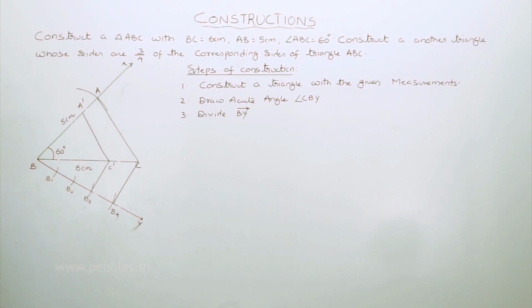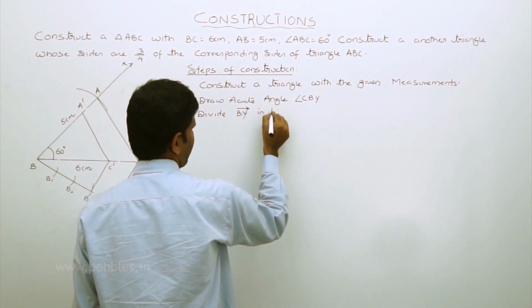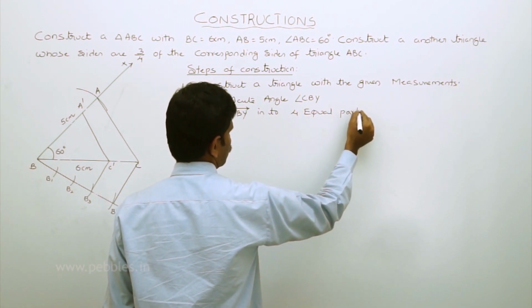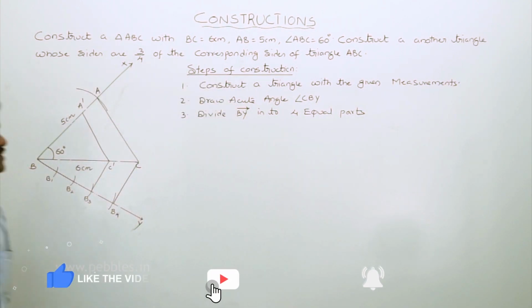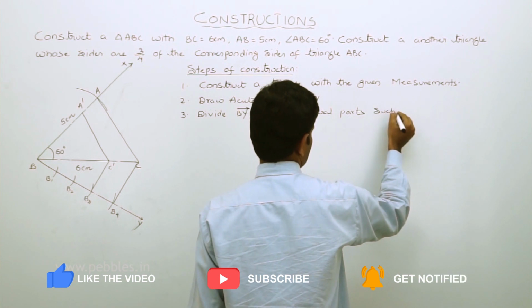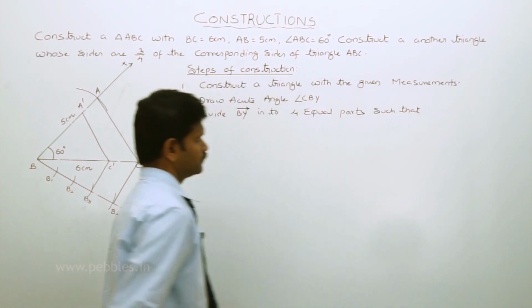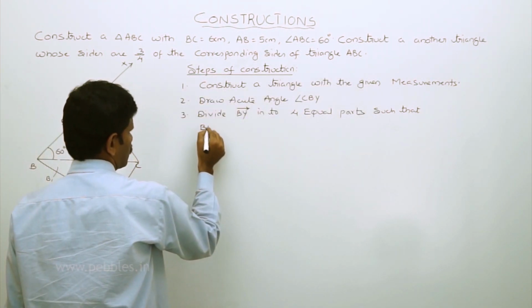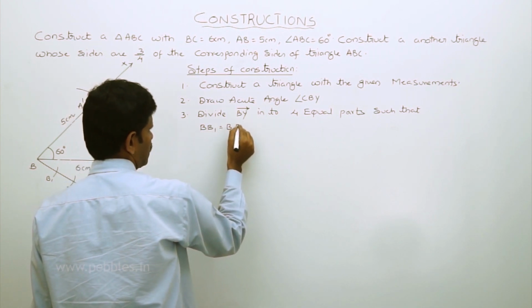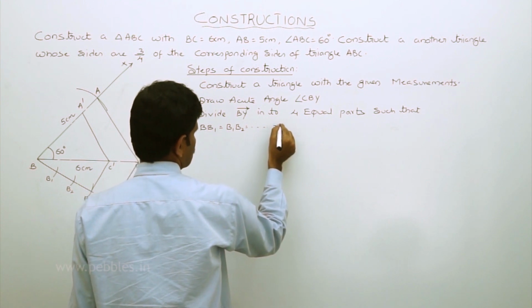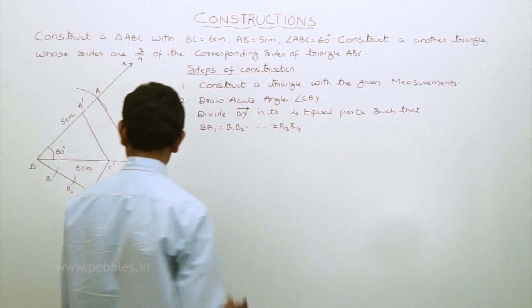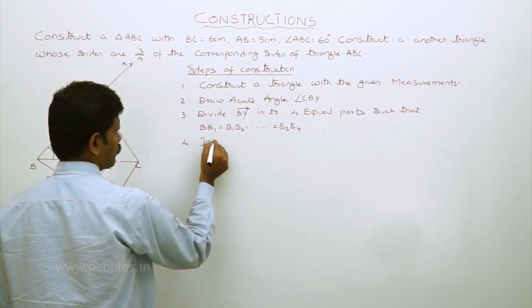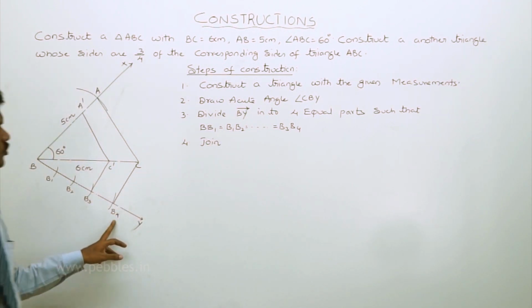Divide BY into 4 equal parts such that BB1 is equal to B1B2 and so on, equal to B3B4. Join CB4.